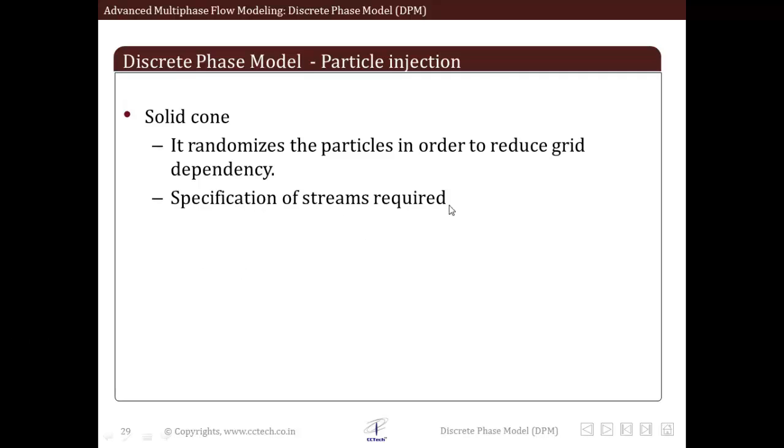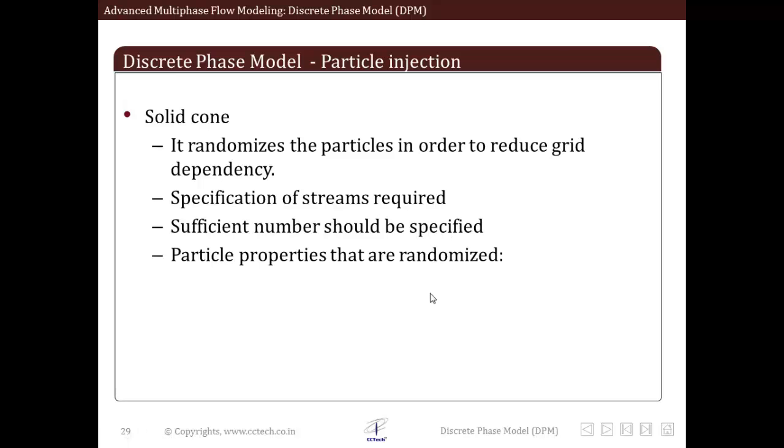Specification of streams is required for such injections, and a sufficient number of streams should be specified. Particle properties are randomized, meaning it is a truly random distribution of variables. Velocity, direction, and location are distributed in a random manner, so any particle stream can have any velocity, direction, or location.